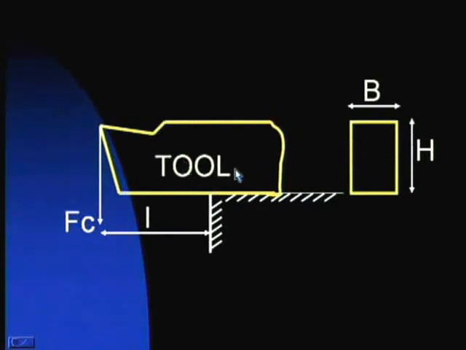Now this figure will be illustrating. So this is a cutting tool. The cross section of the cutting tool is this much, the breadth is B, and the height of the cross section is capital H, and we have the length.